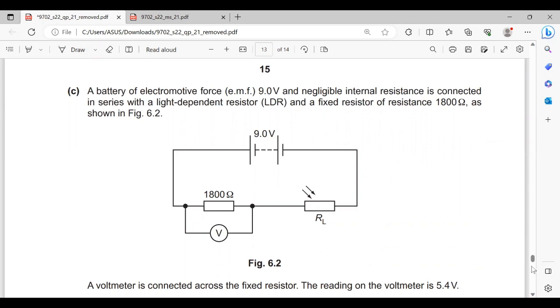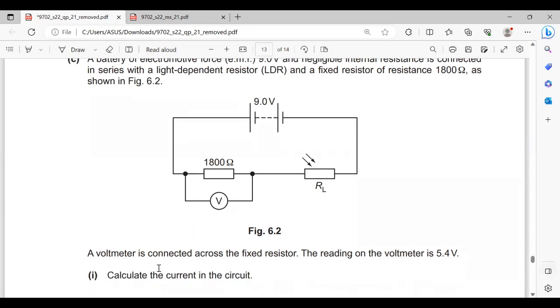Look, the potential difference is 9 volts, and for this, the resistance is 1800 ohms. Like this, right?